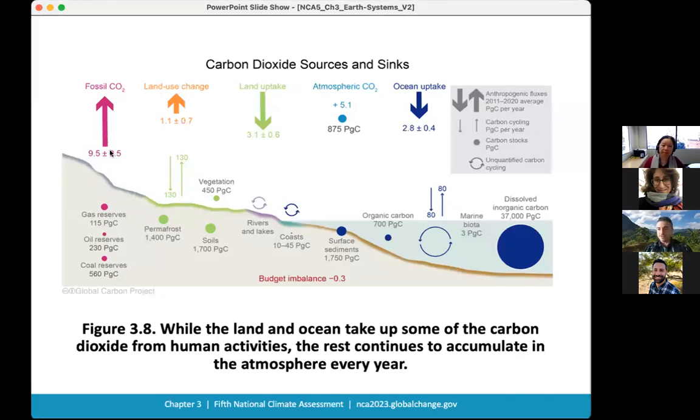We're digging up basically stored sunlight and using it for energy, and that gets put up in the atmosphere. Some of it stays for a long time in the atmosphere. But then different reservoirs, different parts of the Earth system, will take up some of that carbon dioxide, whether that's from vegetation on land or from the oceans. Both chemically and biologically, there are different ways that the ocean system takes up carbon.